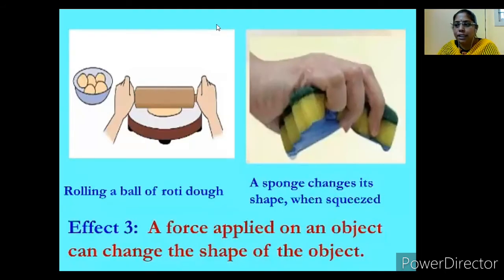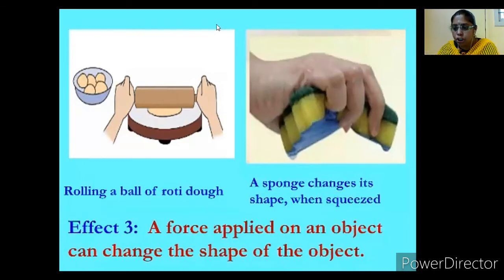When a force is applied on an object, it can change the shape of the object. For example, rolling a roti. When the dough is pressed and rolled using a rolling pin, the round dough ball becomes flat.